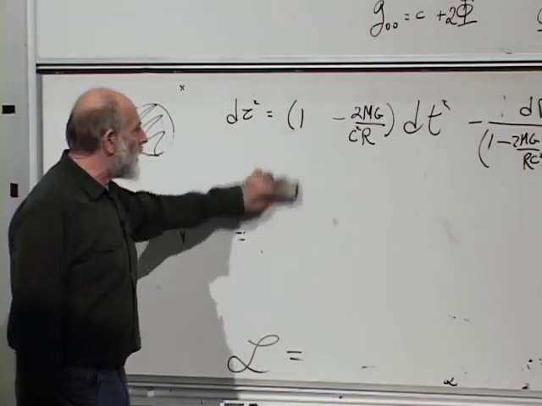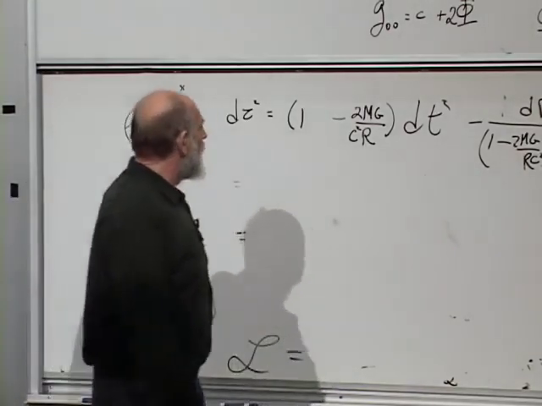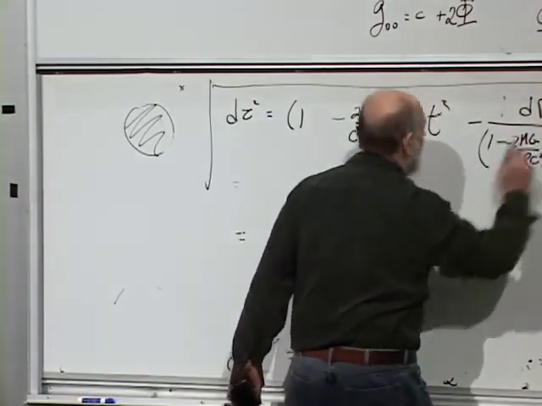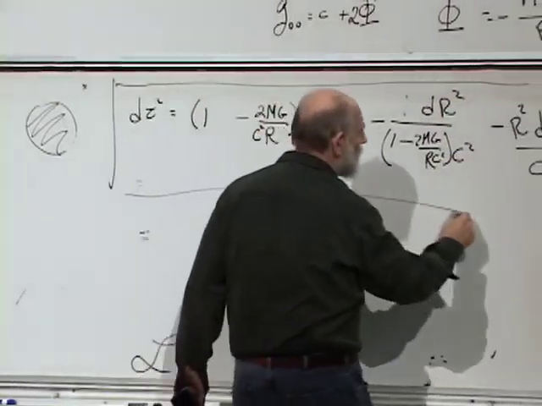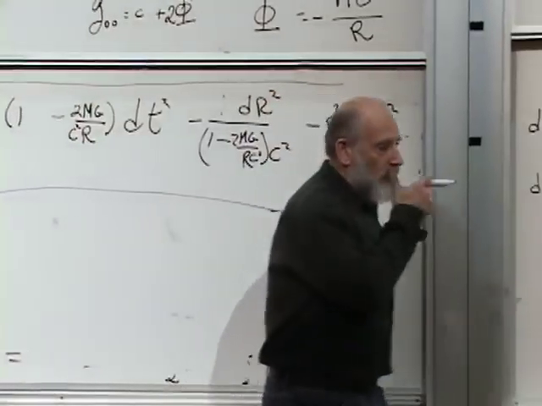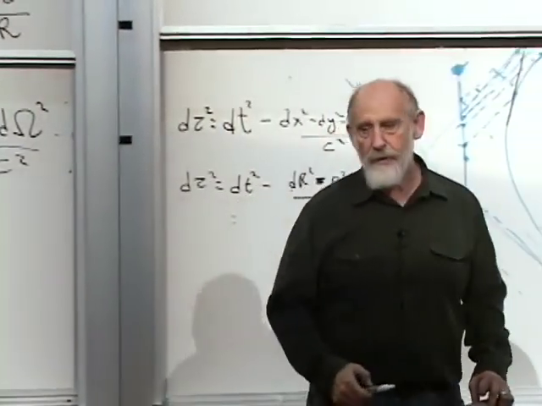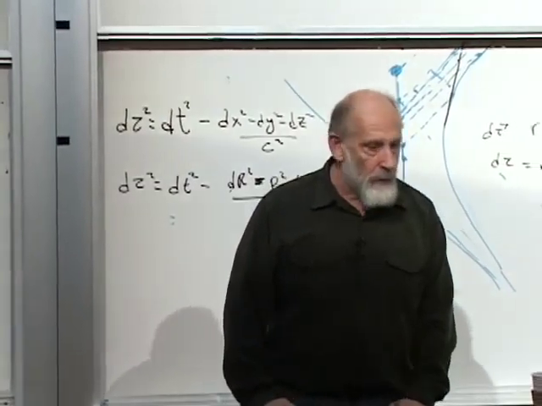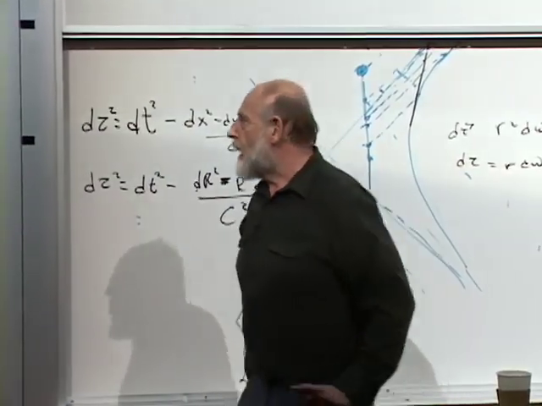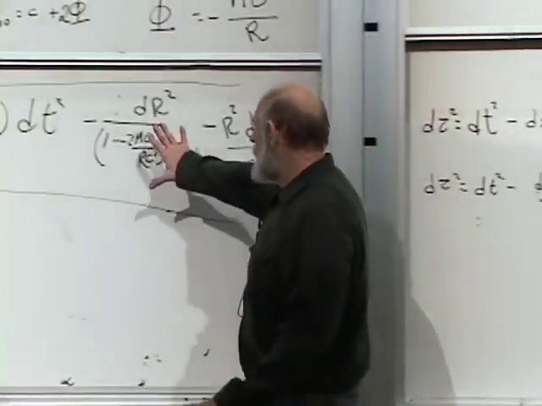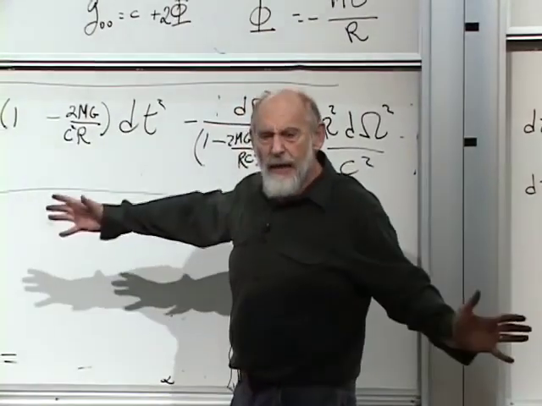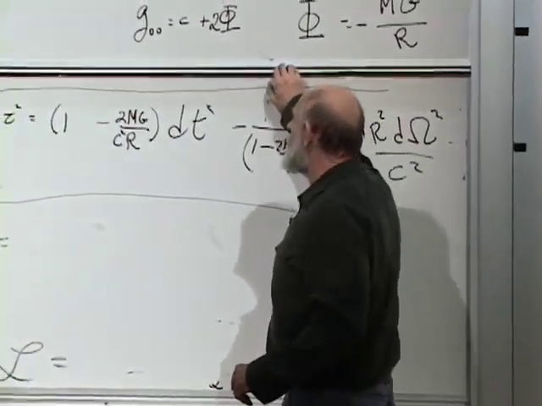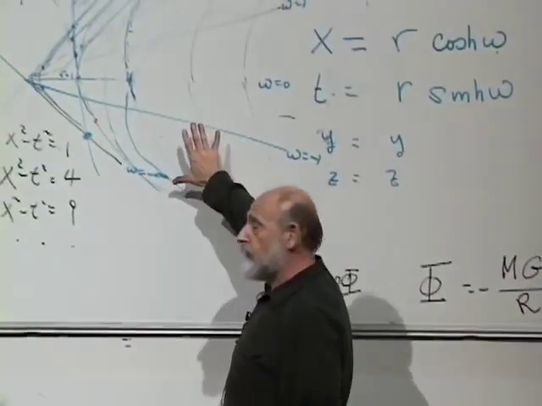This is the whole metric of a black hole, and it's the simplest of black holes. It's not rotating. It doesn't have any electric charge, but it has all the basic features that we're going to explore. The next time, what I'm going to show you is how similar the metric of the black hole is to the metric of Rindler space, even though it doesn't look anything like it.